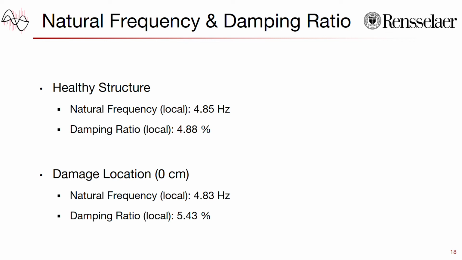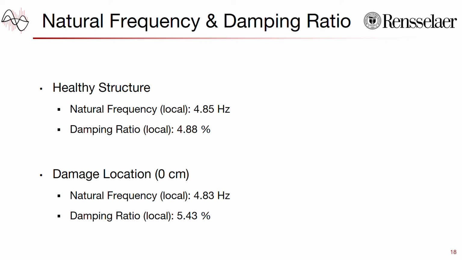So basically what I did for the natural frequency and damping ratio was I chose just one spot. This spot being location 1, which was 0 centimeters, right at the root of the right wing. And I found the natural frequency and damping ratio for that specific location, or that mode.